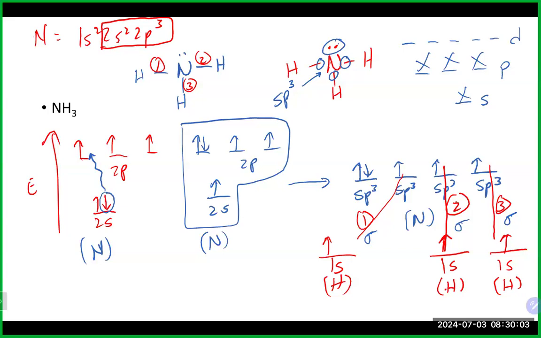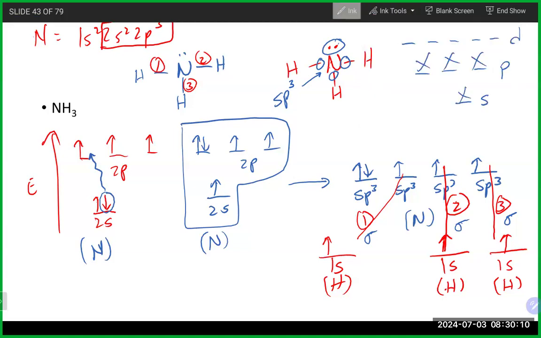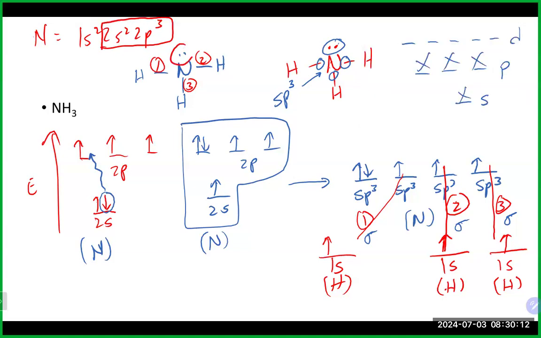Now, if we look at our drawing, the only thing that's left that's not accounted for at this point is our non-bonding electrons, which are these 2 electrons that are sitting on nitrogen. And that is going to be accounted for through this hybrid orbital, which has 2 electrons in it to begin with, which means it has no place to bond. And those are going to account for the 2 non-bonding electrons that we see there in the nitrogen.